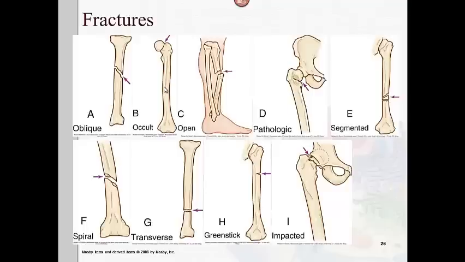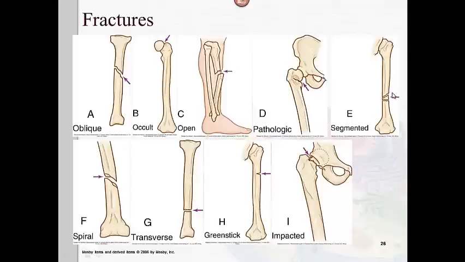These are picture representations of the types of fracture. You have oblique, open. You see the skin actually is also affected, is perforated, and the bone is sticking out.